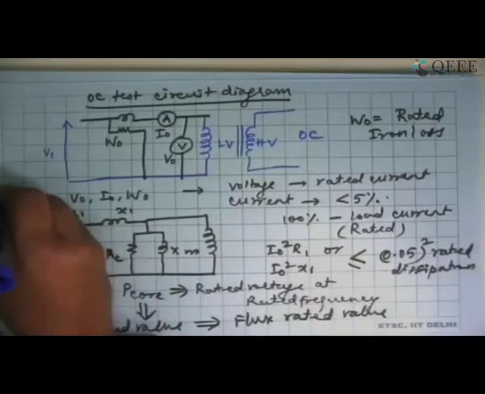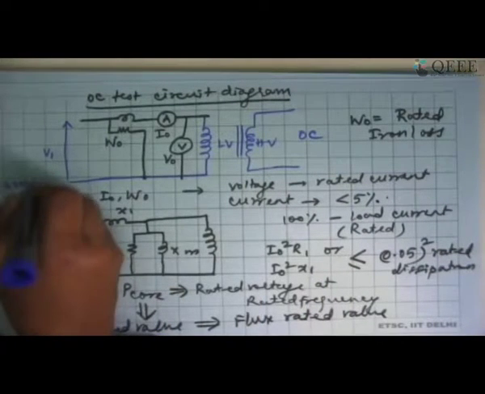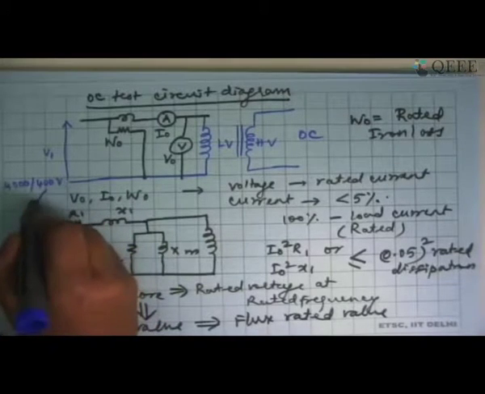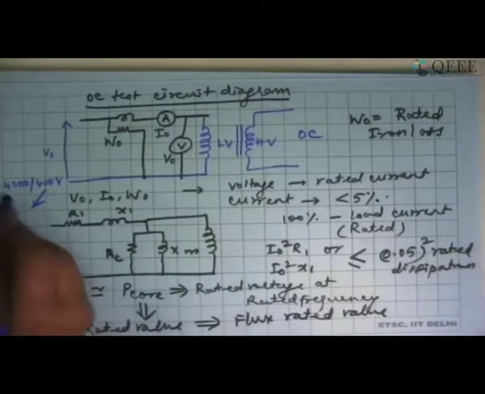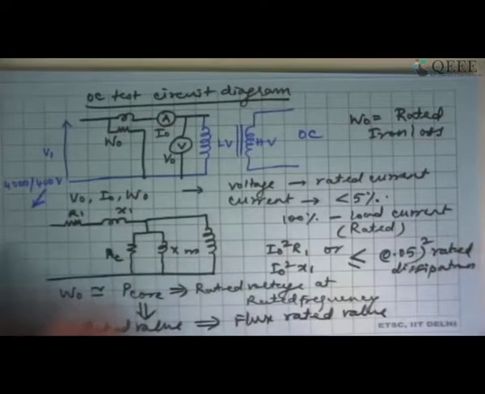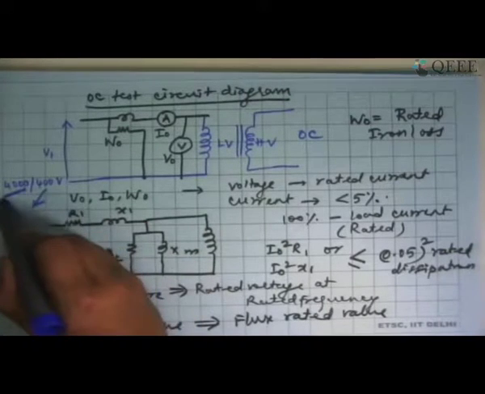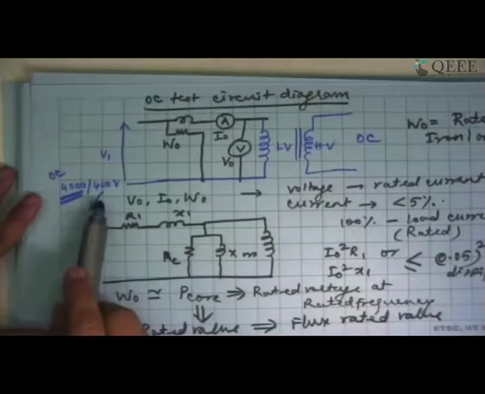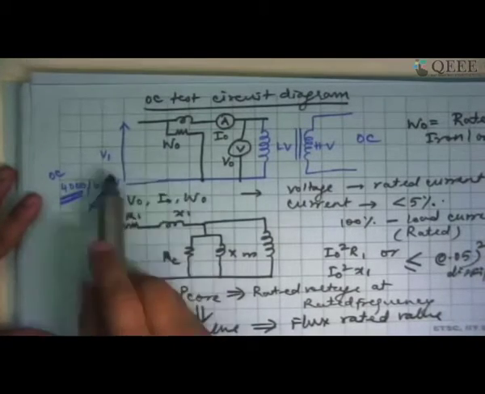So if I have a 4000 by 400 volts transformer, I would like to conduct the test on the 400 volt side rather than the 4000 volt side. I would like to keep the 4000 volt side open circuited and apply the voltage from the 400 volt side.